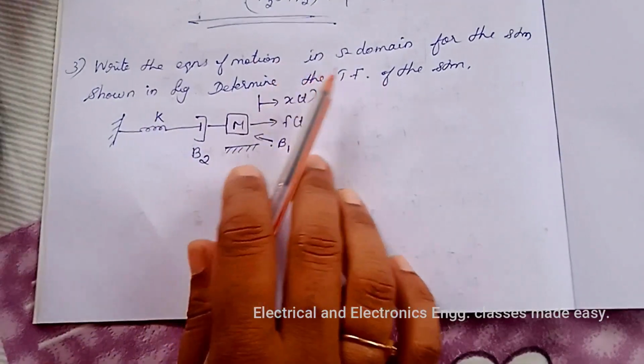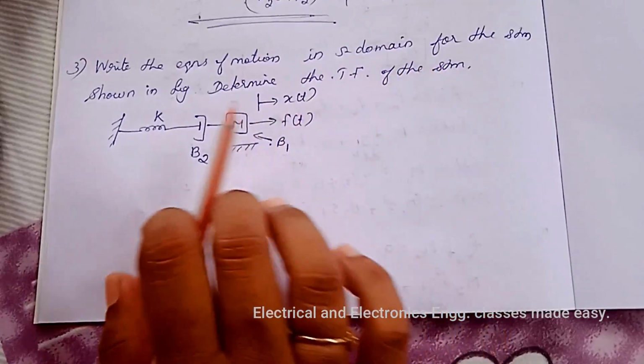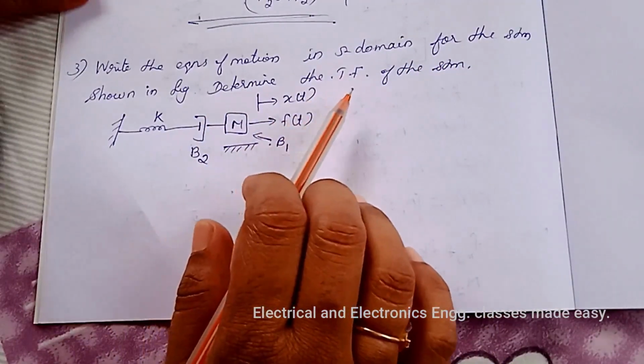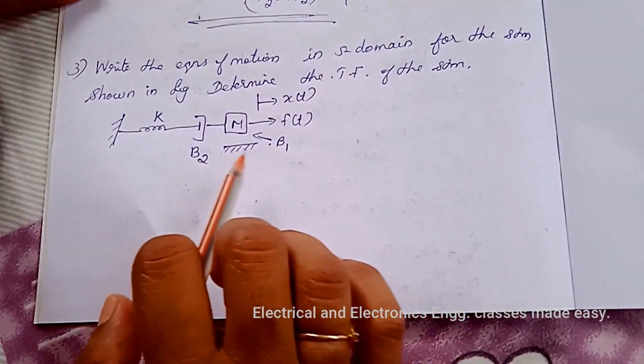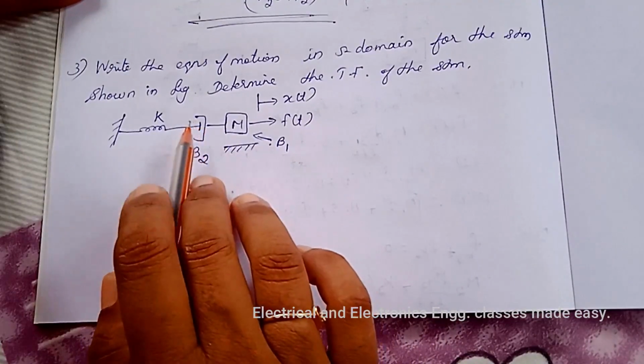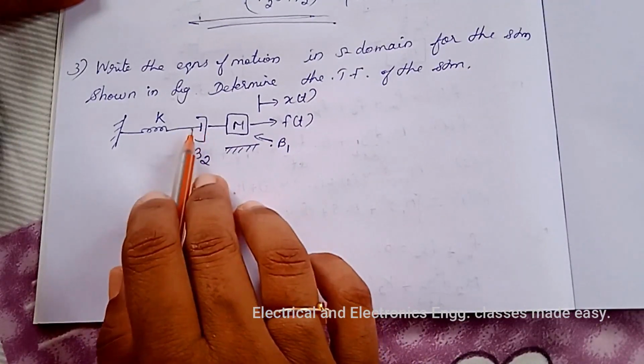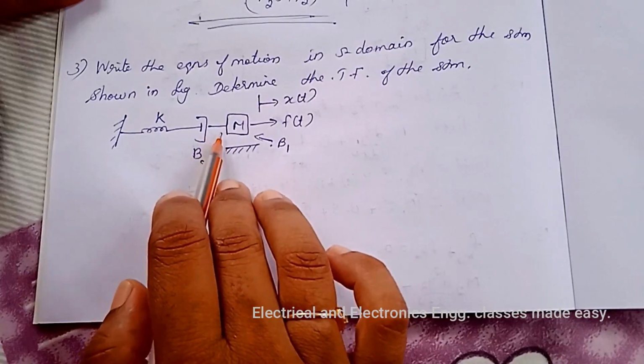Write the equations of motion in S domain for the system shown in figure. Determine the transfer function of the system. So this is the given figure. So here there are two nodes.